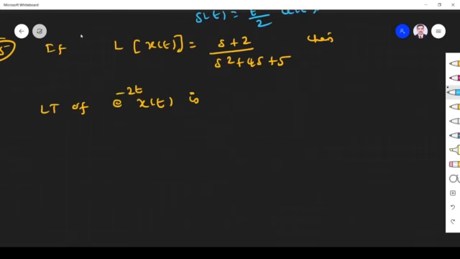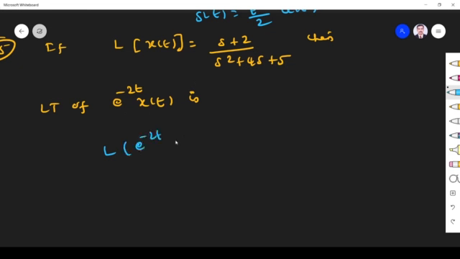Next one, if the Laplace transform of x of t is s plus 2 divided by s squared plus 4s plus 5, what is the Laplace transform of e power minus 2t times x of t? This is the frequency shifting property. If you multiply x of t by e power minus 2t, X of s is shifted to X of s plus 2.